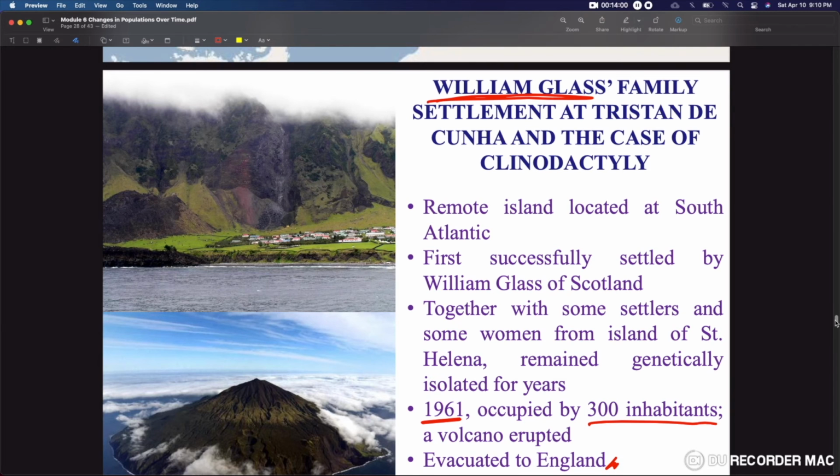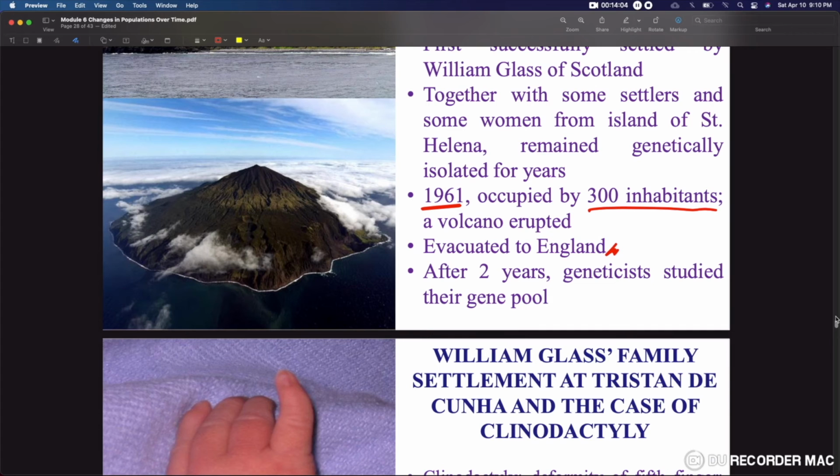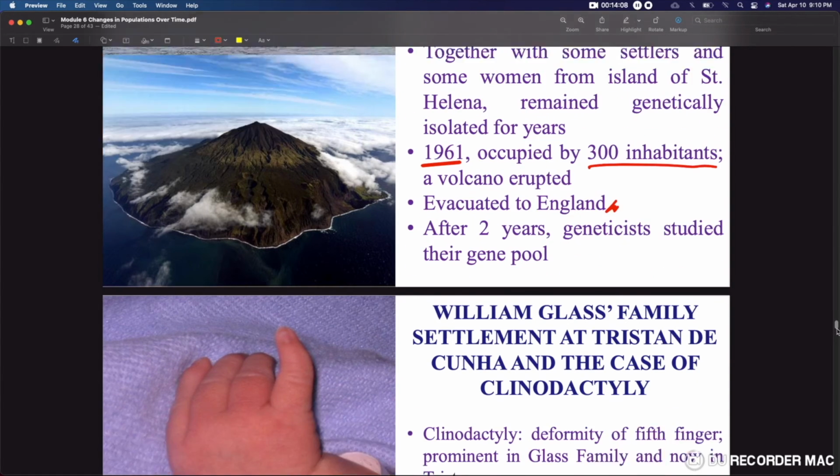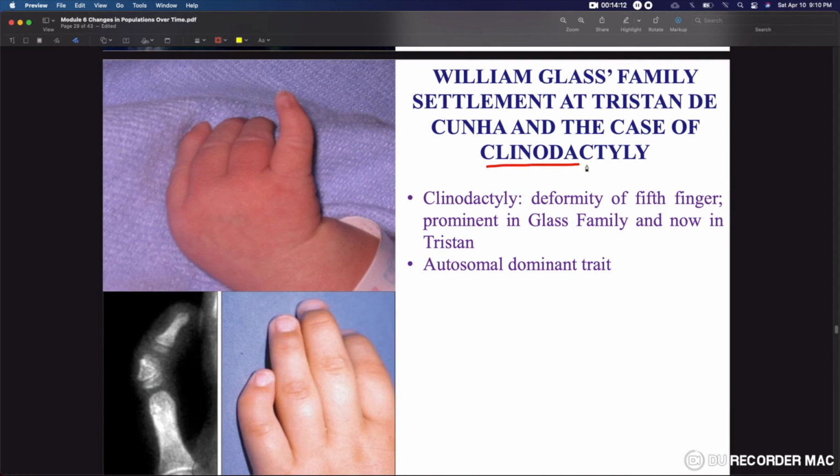And what they noticed in that population, in the 300 inhabitants, after 2 years of being stranded, settling in that island, is that most of them have this thing called clinodactyly. So clinodactyly is like this, where the pinky of your individual is slightly bent. It has some slight deformity.